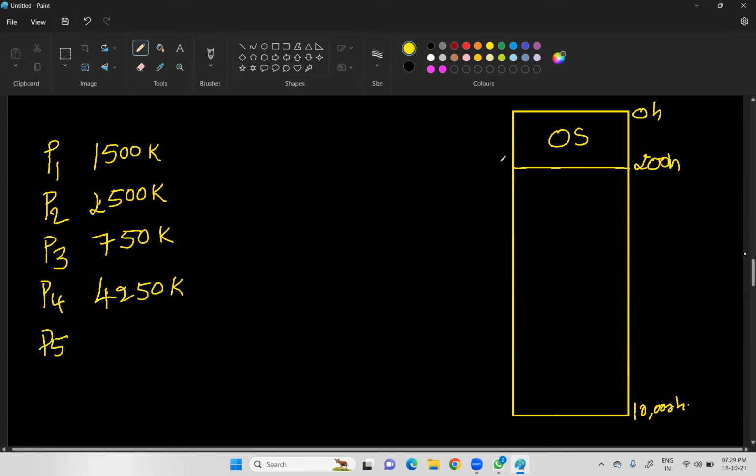P5 will be allocated 1,350 kilobytes, P6 will be taken as 650 kilobytes, and P7 will be taken next.